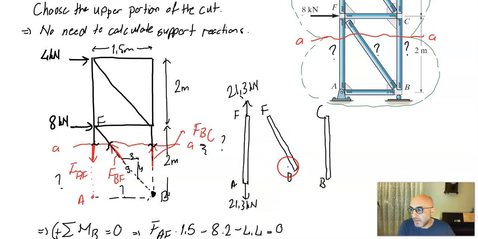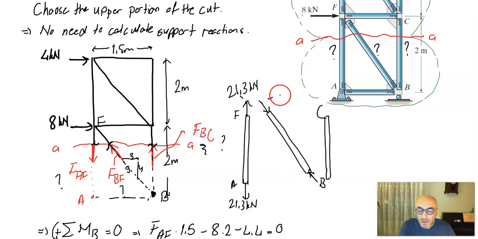So my member BF is 20 compression again. Let me try to write a better diagonal member here, so that's my member BF, and that is under compression, and that compression is 20 kilonewton.